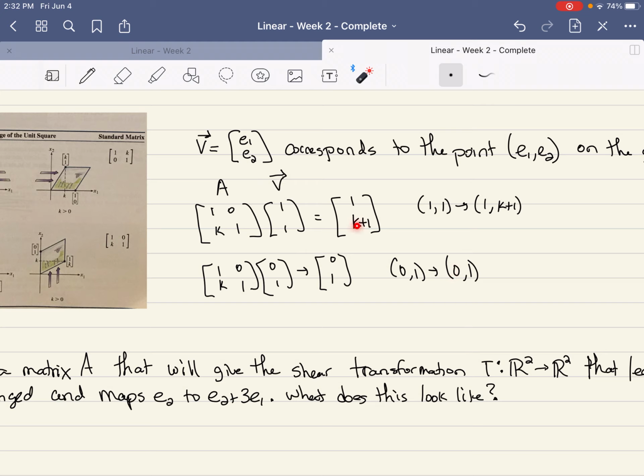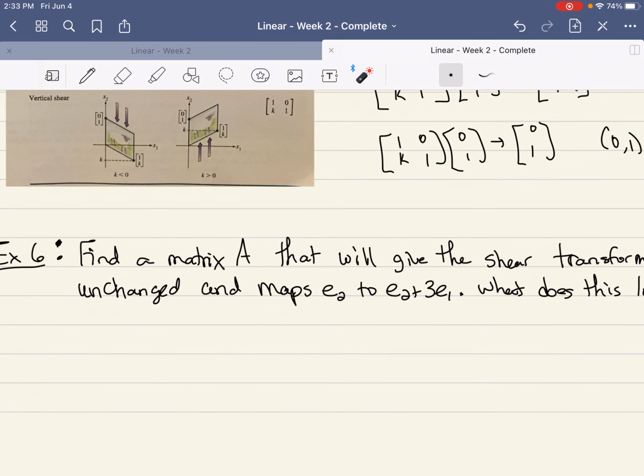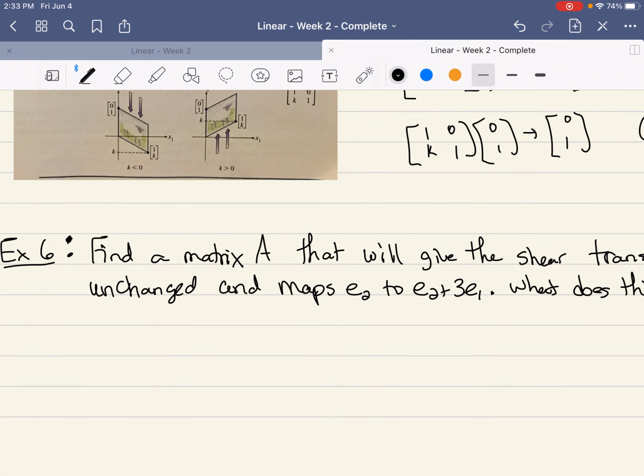And then E2 was 1, and 3 must be our k in this one. So our matrix A is going to be 1, 3, 0, 1.